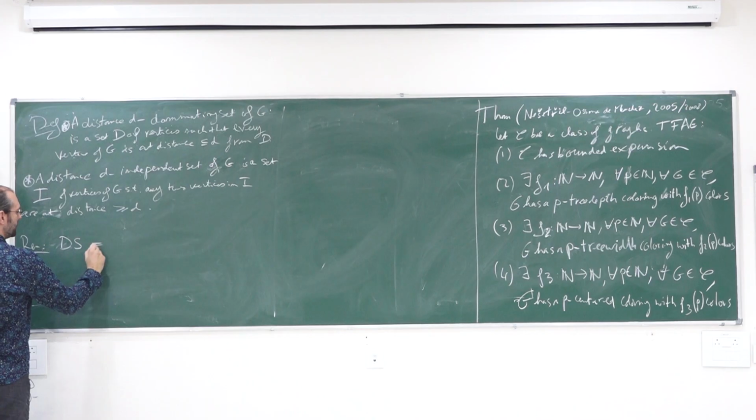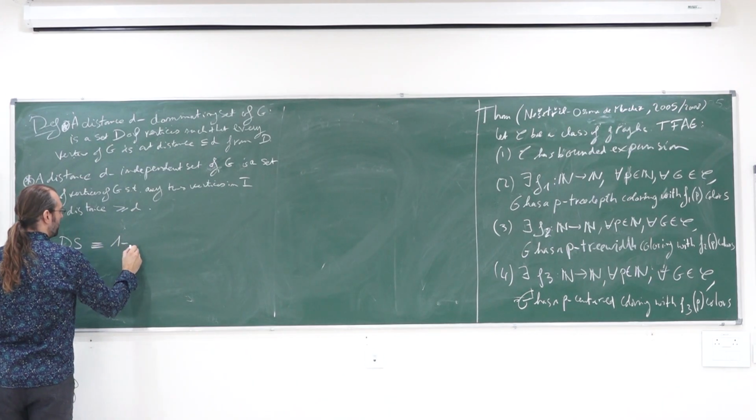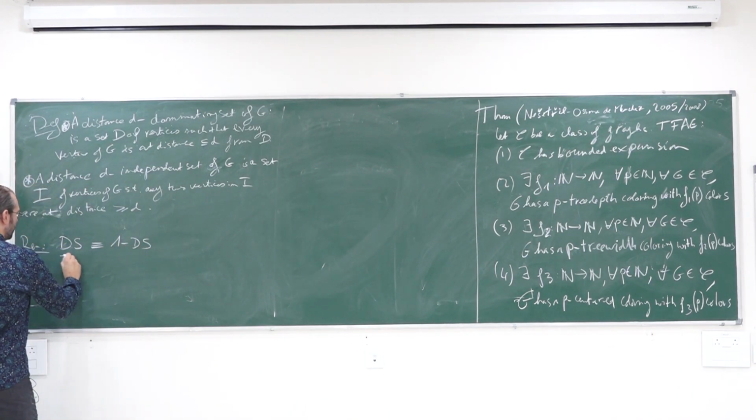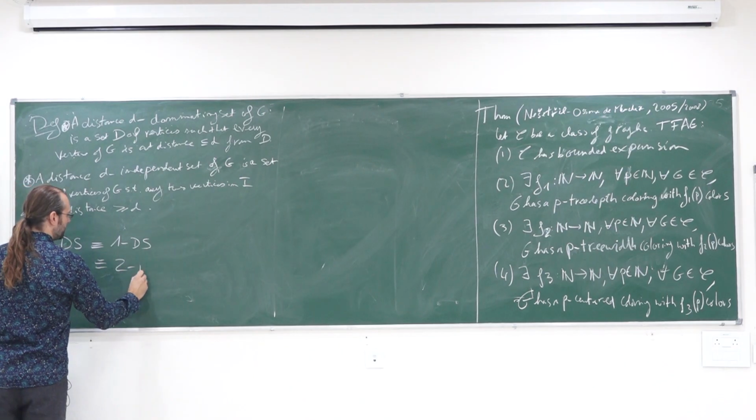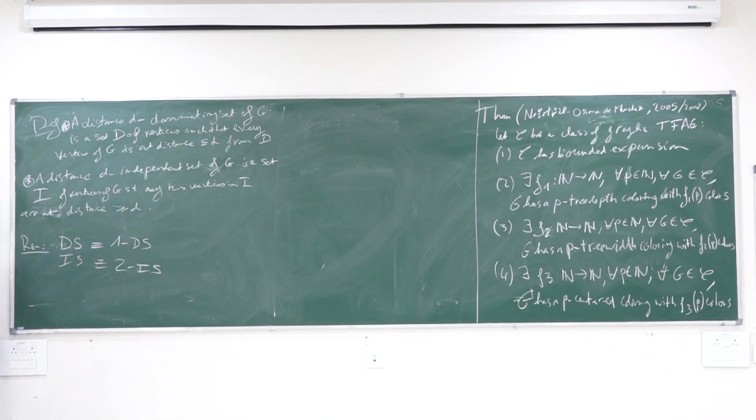If tree depth is bounded, then the other parameter is bounded. What is the converse?